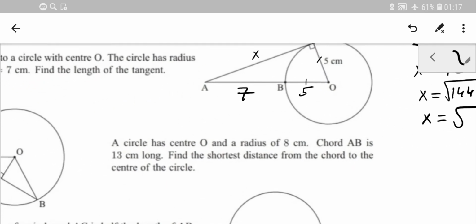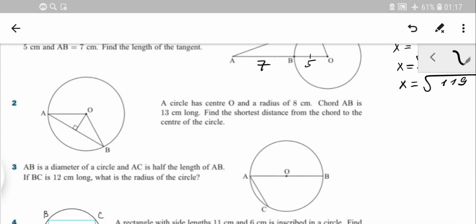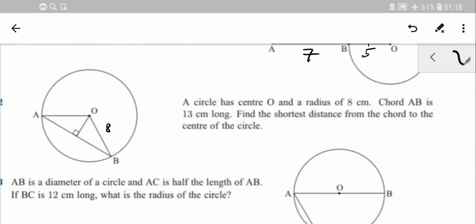All right, so let's go to the next one. A circle has a center O and a radius of 8. So I made the mark here, 8, 8.